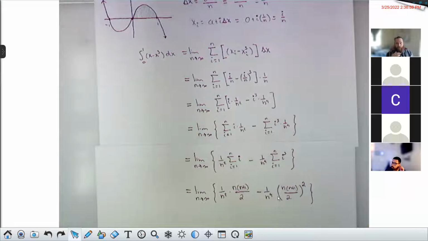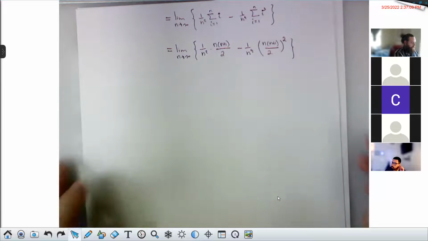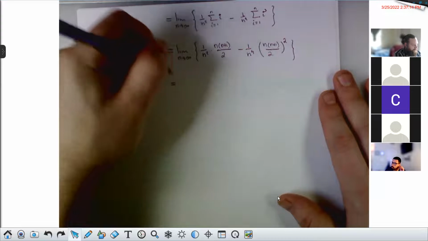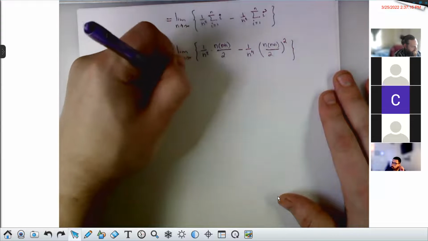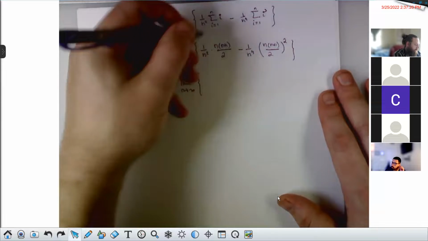So each one of those simple sums now I can replace using the summation formula. And it becomes a matter of taking the limit. So I can distribute upstairs here.